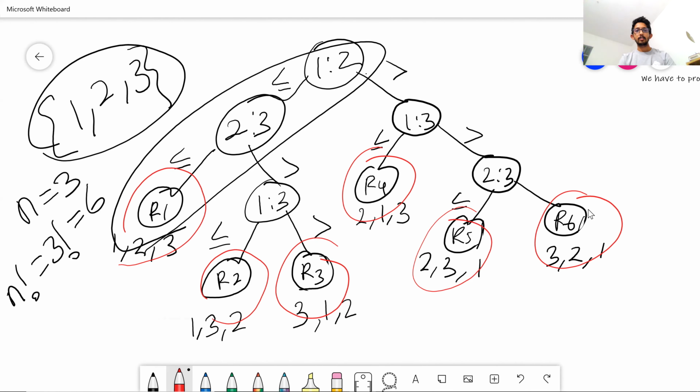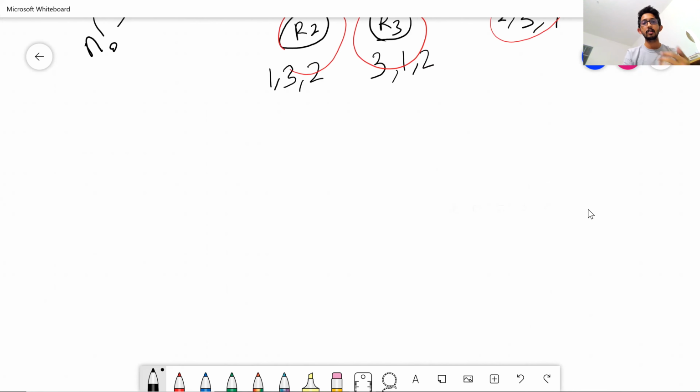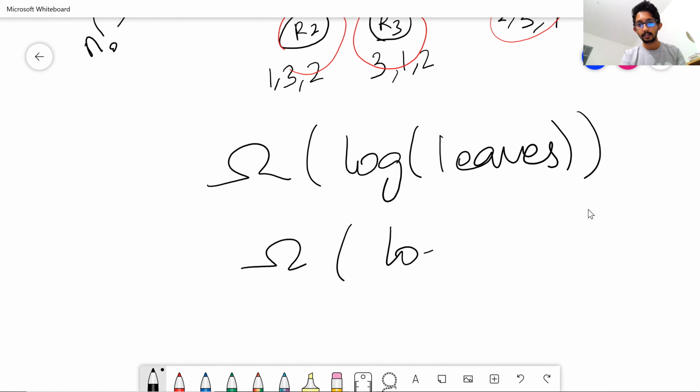When we prove anything via a decision tree, the time complexity is usually big omega of log of the number of leaves. Here it was n factorial, and log of n factorial becomes n log n.